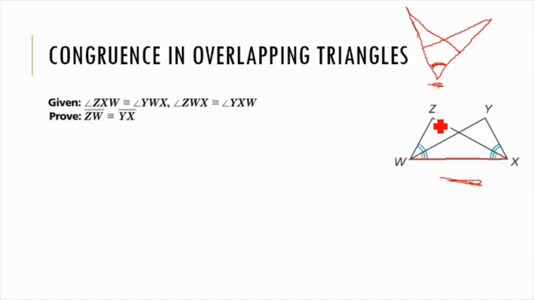First, we're going to separate the triangles. That's the first most important part, so that we can clearly see what triangles we are talking about. So first, we have triangle ZXW. So I'm going to redraw that over here. Okay. ZXW.